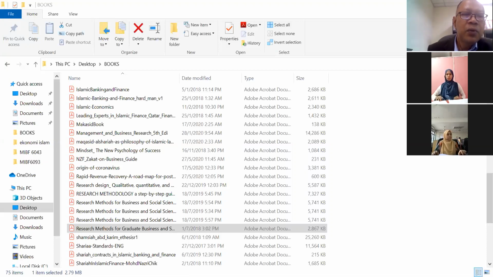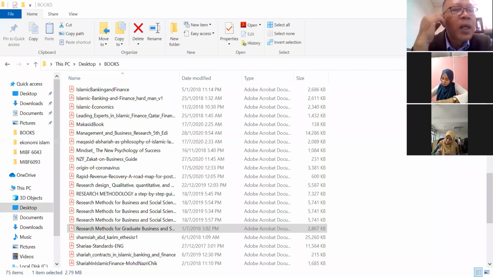Each of the boxes here we call variables, or sometimes constructs: 1, 2, 3, 4, 5, 6, 7. We have 7 constructs. In each construct, there are items. Items are questions that researchers ask the respondents. So in order to measure attitude, you have to ask questions.